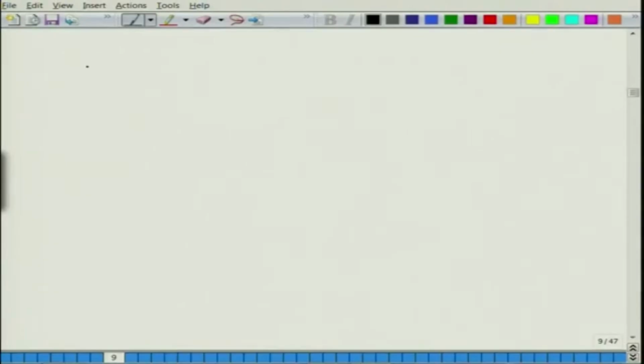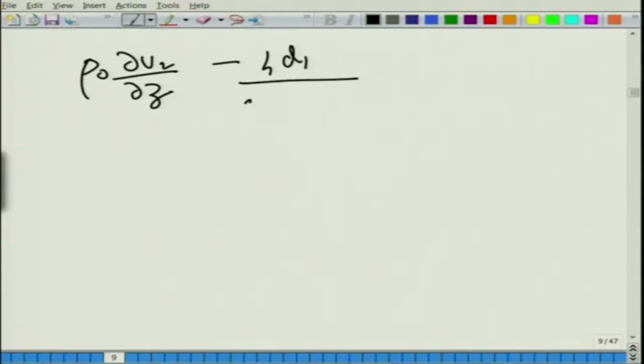So, here we have your rho naught and this thing, isn't it, minus 4 d1 divided by d2 square by d1 rho naught, and this is your u star plus.